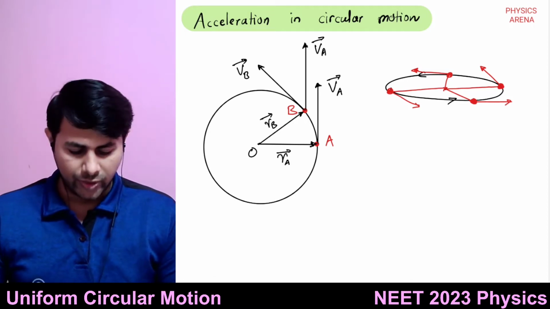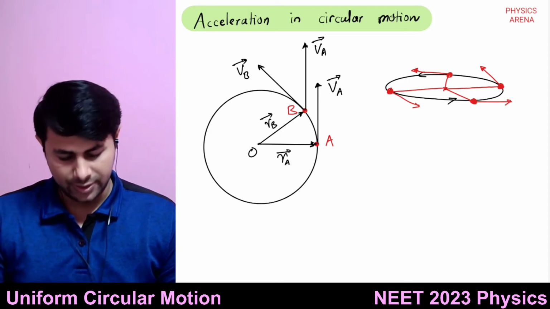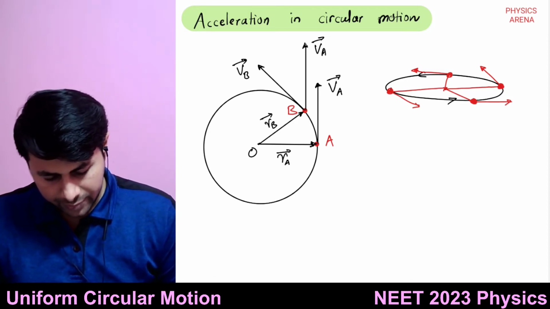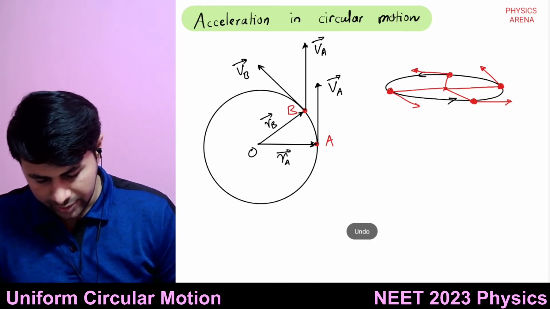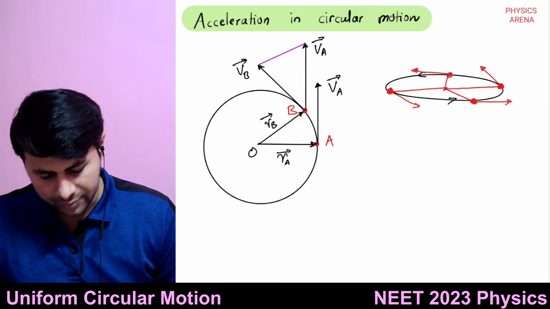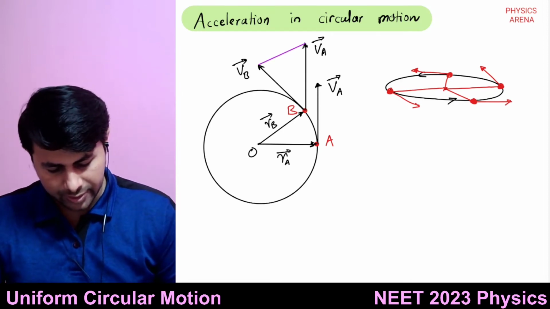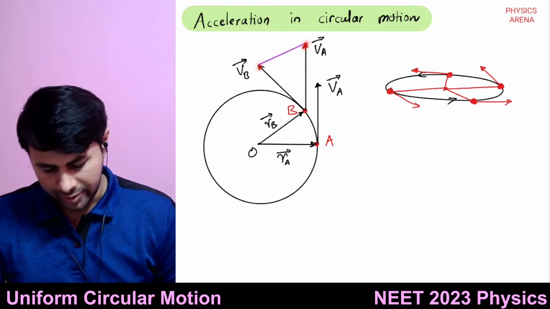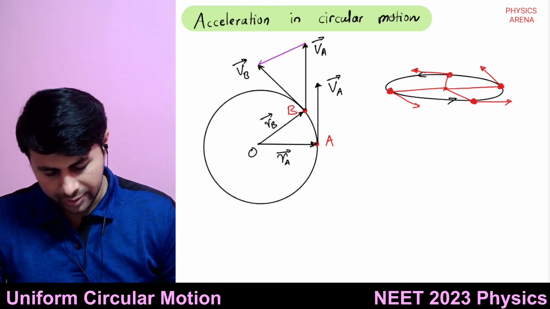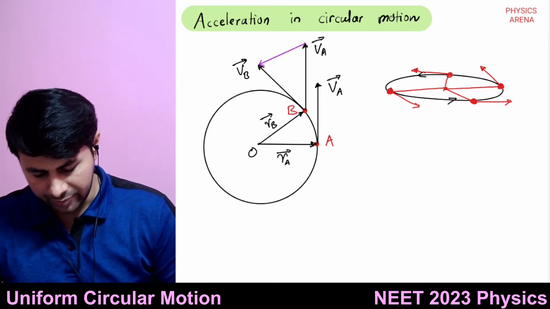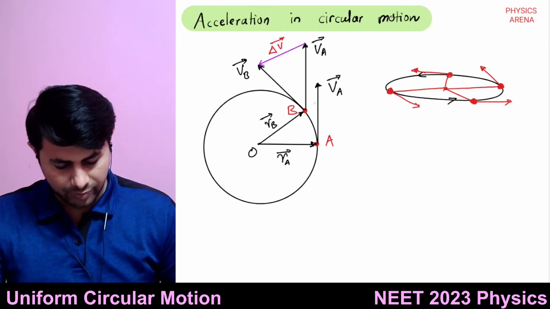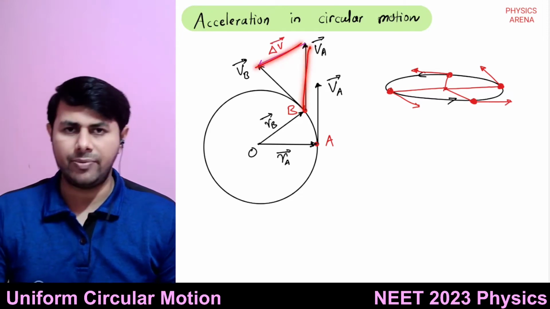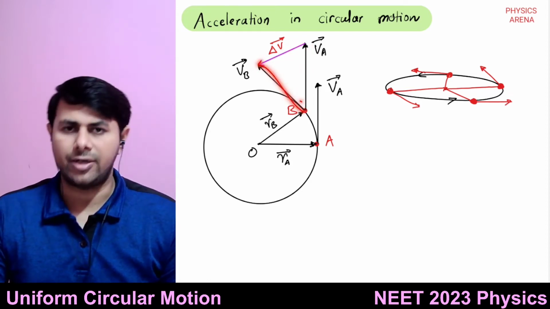So what will be the change in velocity? If I draw a vector like this, let's use a different color, from the tip of VA bar to VB bar, this vector will be delta V bar, the change in velocity vector. How? Because VA bar plus delta V bar gives me VB bar.